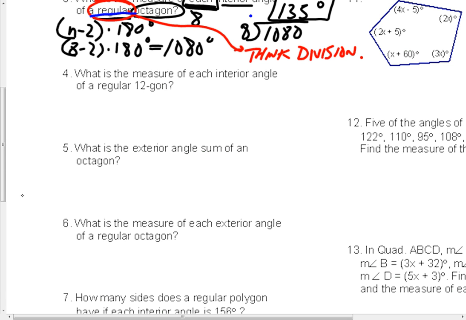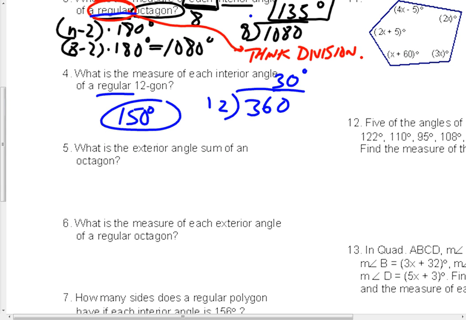So if I see this, I might do what I did in number 3, or I might do this. Since I see that this is regular, what's 360 divided by 12? 30. What is 30? That's the outside. So what does the inside have to be?